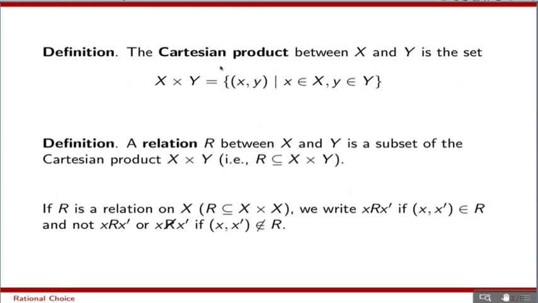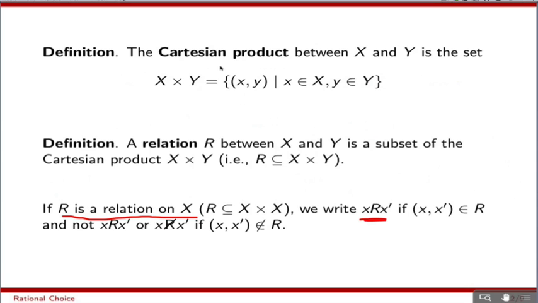We will write, if R is a relation on X, so this is also a new piece of notation, I say here R is a relation on X. All I mean by that is it's a relation between X and itself, so between X and X. So that's why R is a subset of X cross X. We write x R x' if the pair (x, x') is in R, and we'll write x R with a slash through it x' if that pair is not actually in R.